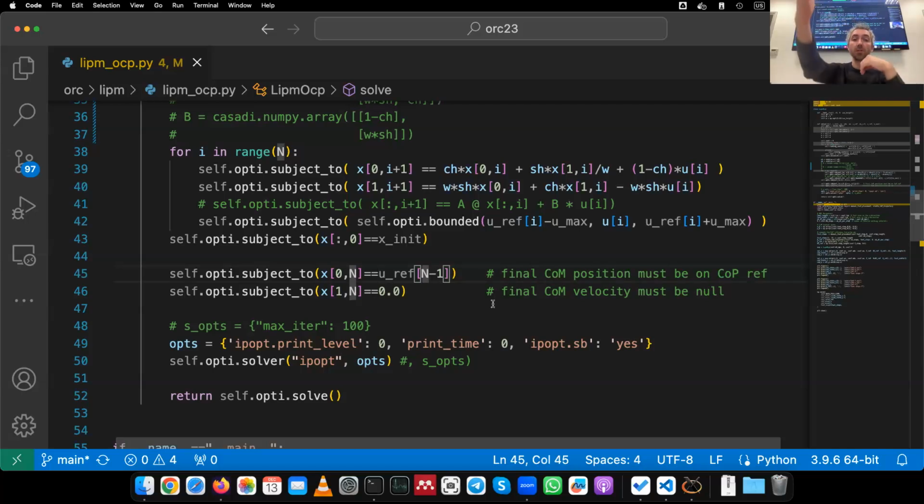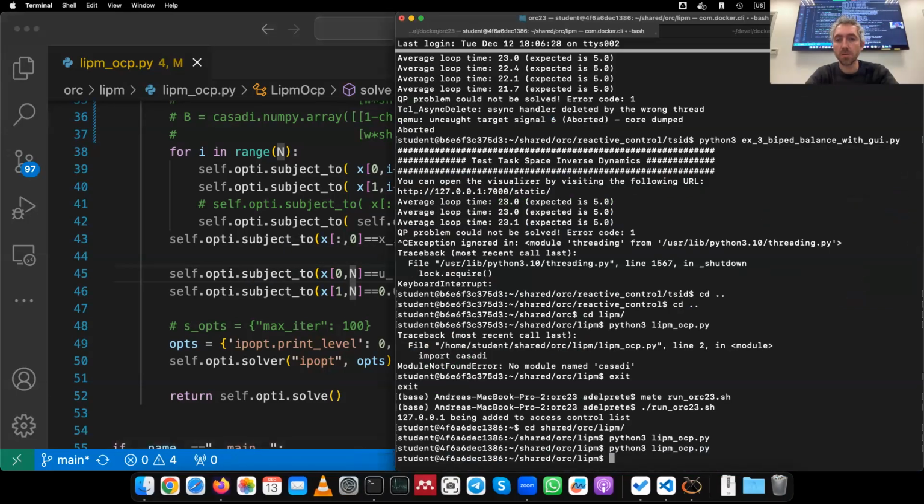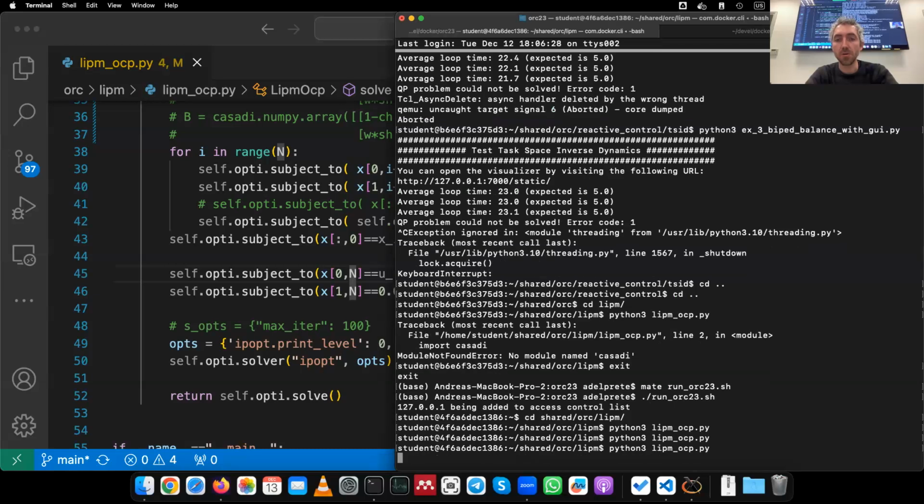We don't have a reference COP for time step n, so we need to take it at time step n minus 1, but well, the footstep is going to remain there at time step n or n minus 1, it doesn't change anything. So we can enable also this constraint and rerun, and now we should have an exact match of the terminal COM.